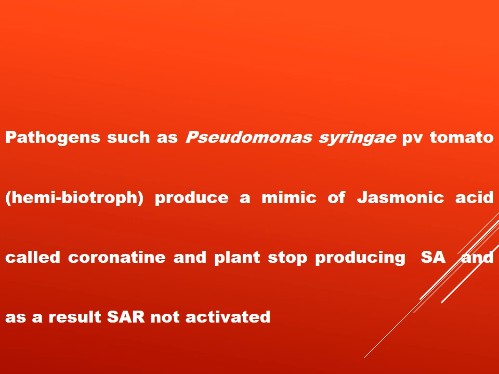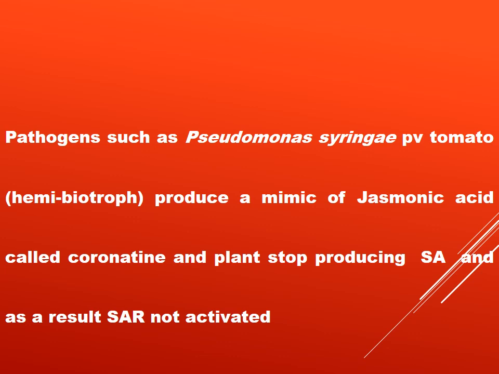Pathogens are very smart individuals, and because they are smart, they are able to cause disease in plants, which are much bigger and much stronger. There is one pathogen known as Pseudomonas syringae pathovar tomato. This pathogen is a hemibiotroph, and we already discussed that the plant defends against biotrophs and hemibiotrophs by the production of systemic acquired resistance.